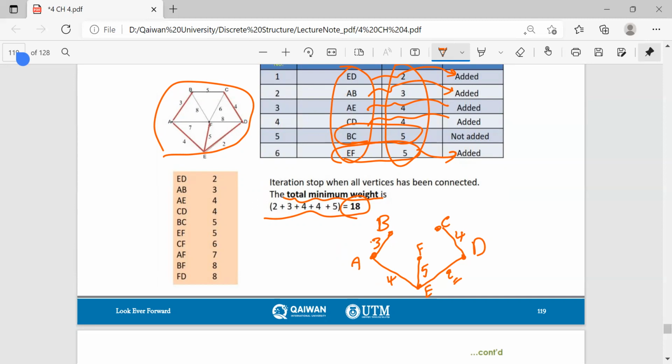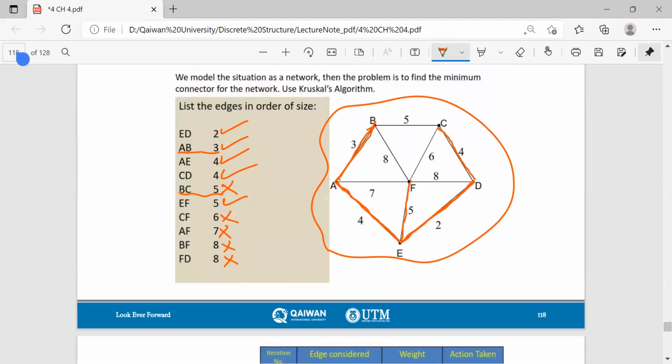So you can write all the edges. Here BC is written while we don't choose it. As you see here, it's written not added. For others, we have 3 more edges. We say not added, not added. And for these 4 edges also, we say they are not added.